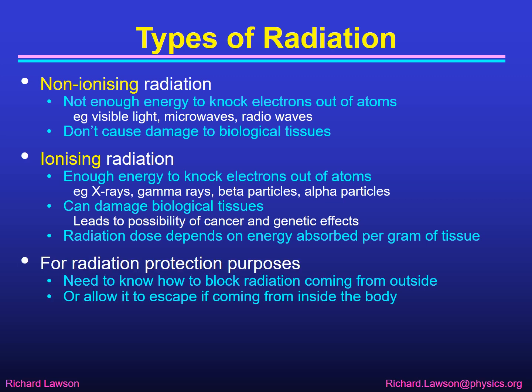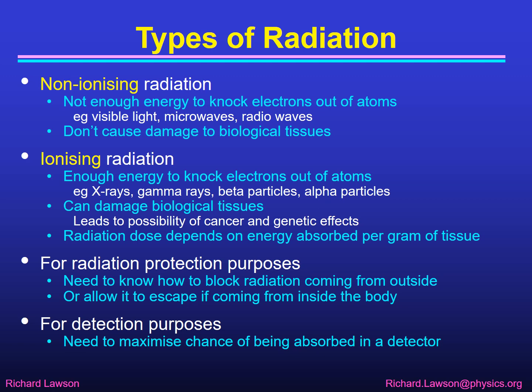So for radiation protection purposes, we need to know how we can block these radiations if they're coming from outside the body, so that we don't get any radiation dose from them. Or if the source is inside the body, we need to know how to allow the radiation to escape in order to keep the radiation dose down to a minimum.